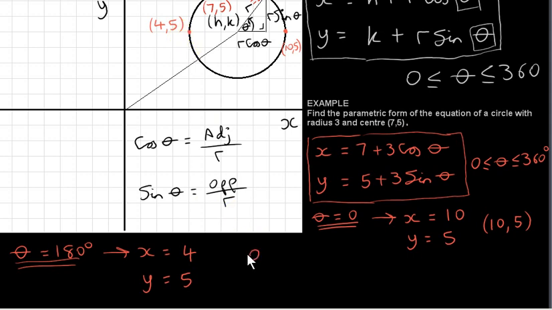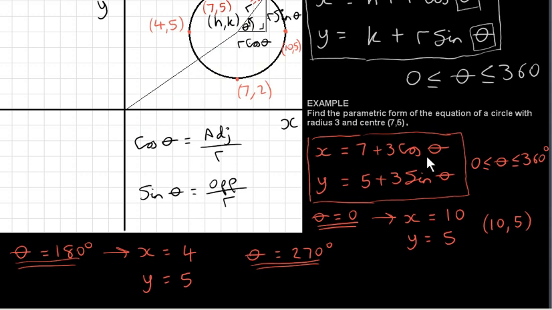Let's just do one more. I'm taking basically all the angles that define the four quadrants. So let's take theta equals 270 degrees. Well, we can actually read this off. We can see that the x value is 7 and the y value is 2.